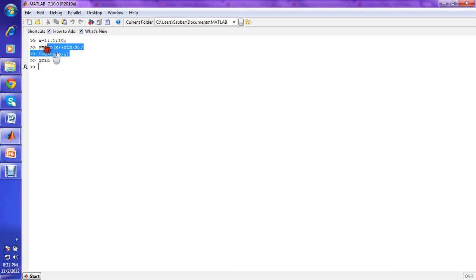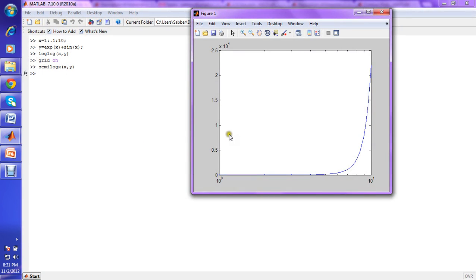We can also plot this in semi-logarithmic scale, for example semilogx x comma y. What we see here is that the x-axis is semi-logarithmic scale, but the y-axis is a linear scale.